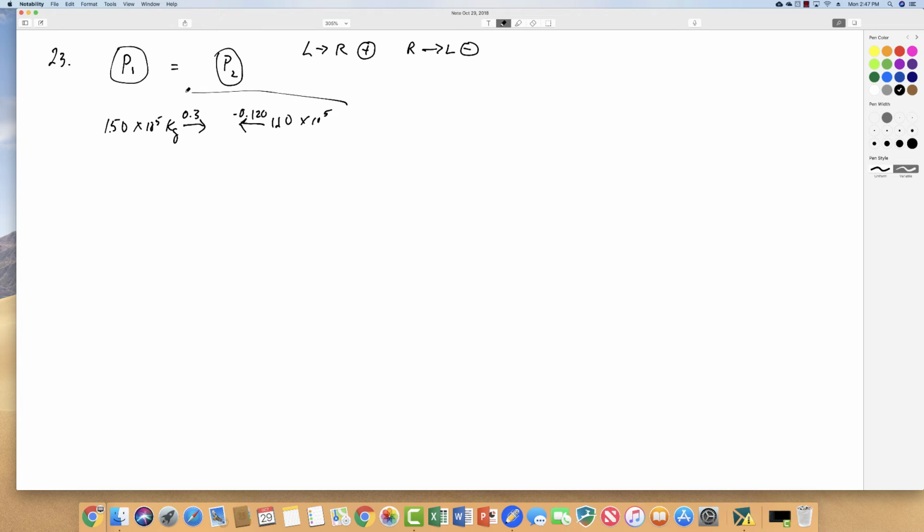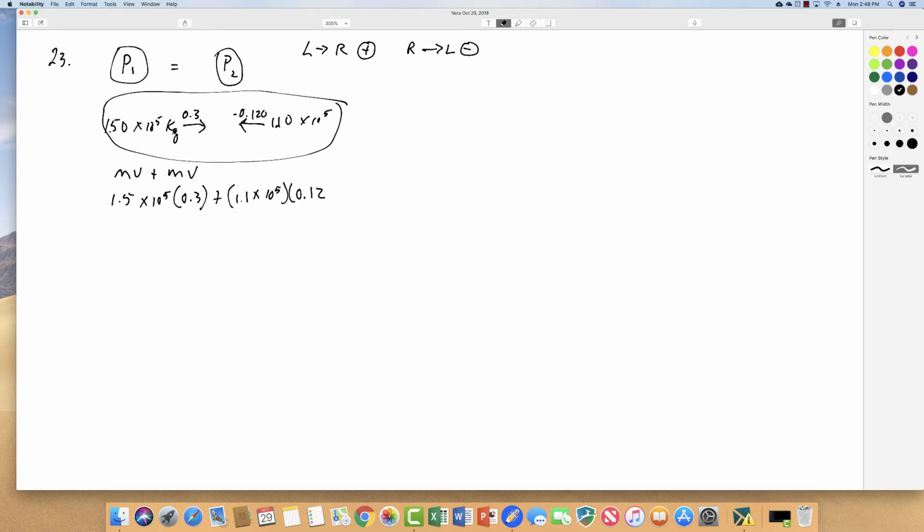Well, you have a momentum here. This is before their collision. So it's mv plus mv here, which will be 1.5 times 10 to the fifth times 0.3 plus 1.1 times 10 to the fifth times minus 0.12. And that's before their collision. Now, the way the problem is stated, the assumption is that after they collide, you have two cars coupled together, so they're essentially one mass.